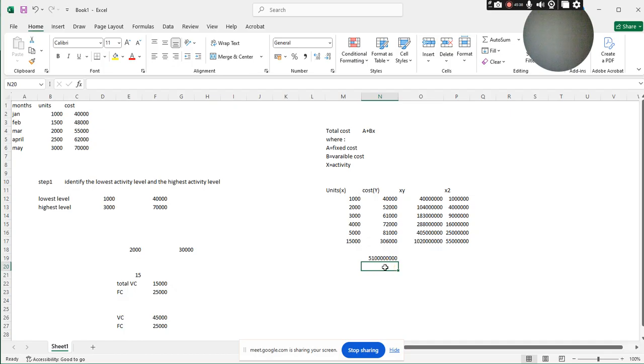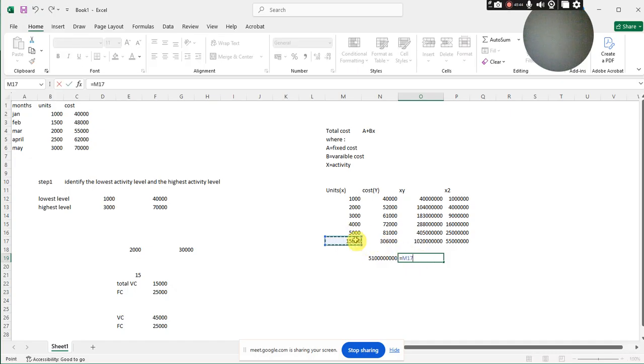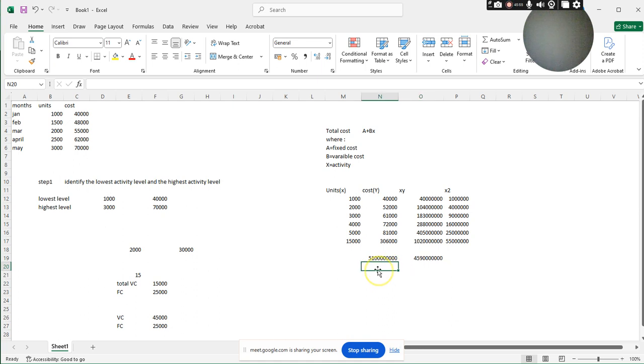Then we can say equals to this times this. Enter, right? So we can now say equals to this minus this. This should not give me negative sign again. No. Okay, so we have this now.